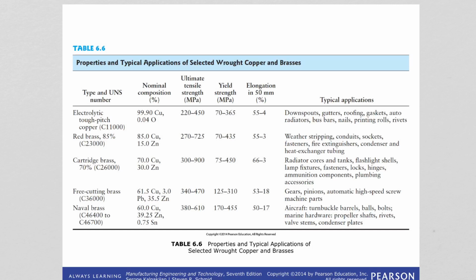C represents copper, and different numbers represent different series, depending on what the compositions are. These numbers are changing. We are also given the typical applications for certain copper alloys in the table.